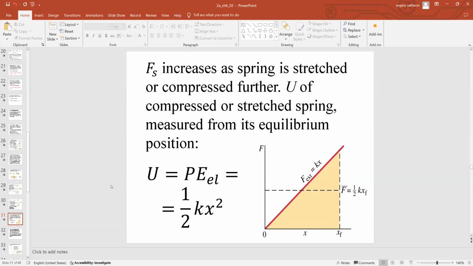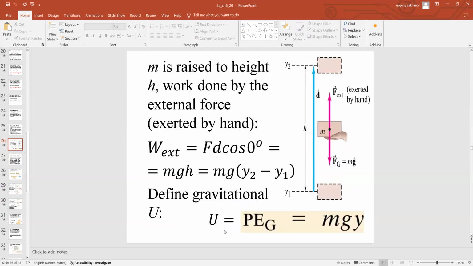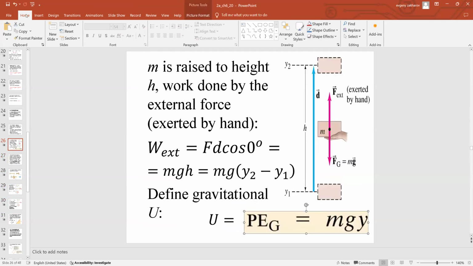Once you hit the calculus-based class, you will get the same answer, but using antiderivatives and the formal definition for elastic potential energy. So 1/2 kx squared versus mgh, mgy.